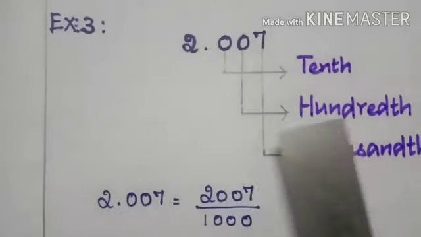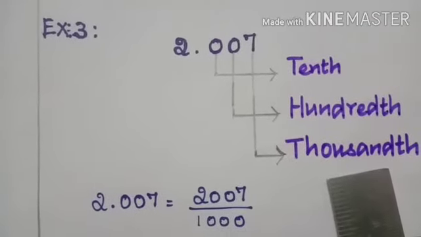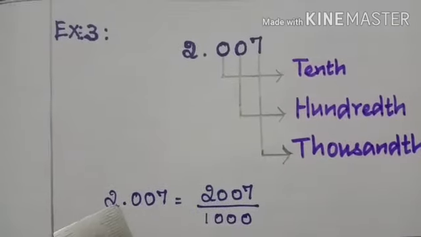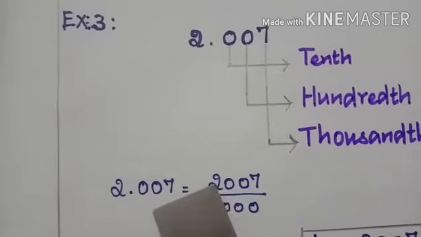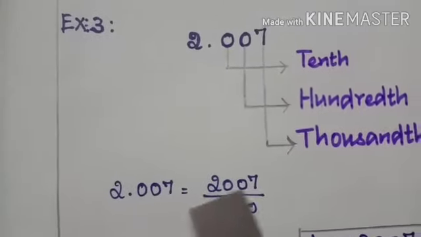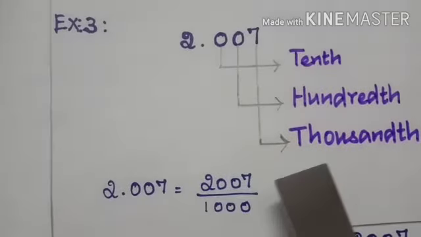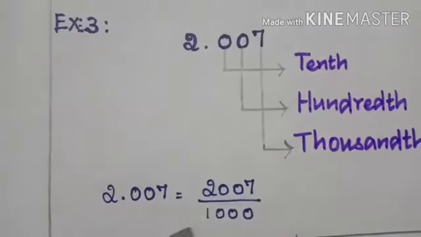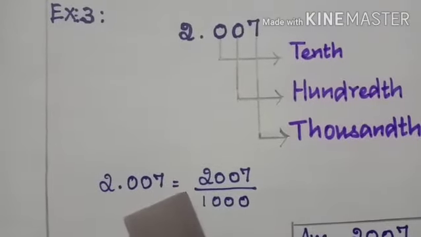The place value of the next 0 is 100th. What is the place value of 7? That is 1000th. Before writing the fraction, we must remove the decimal. So 2007 divided by the place value that ends with 1000th. So the answer is 2007 divided by 1000.